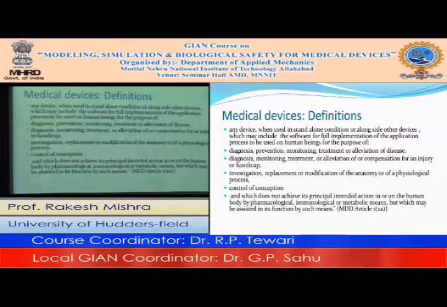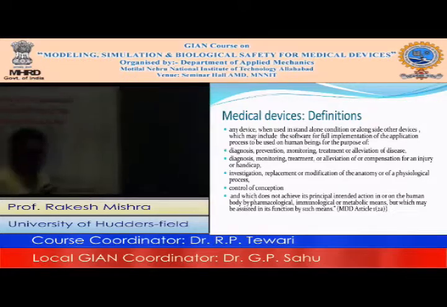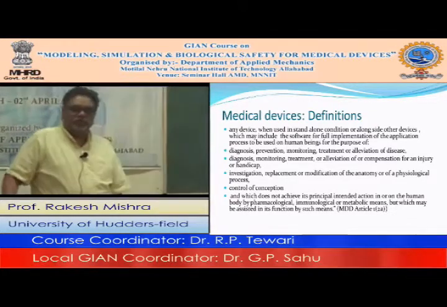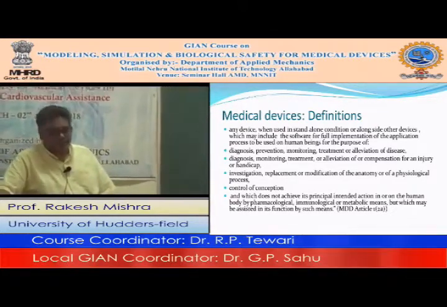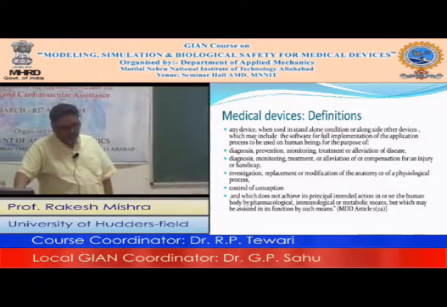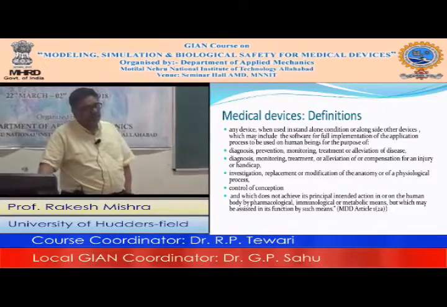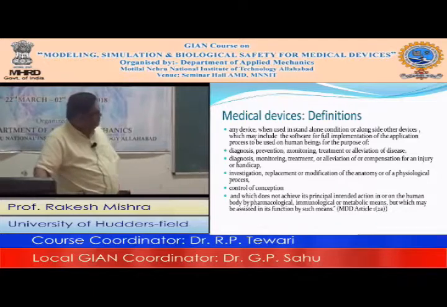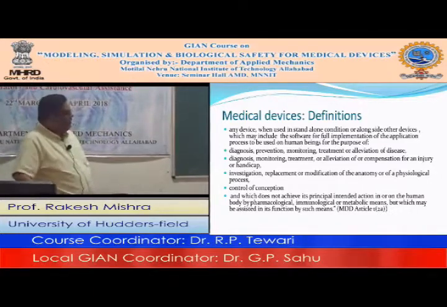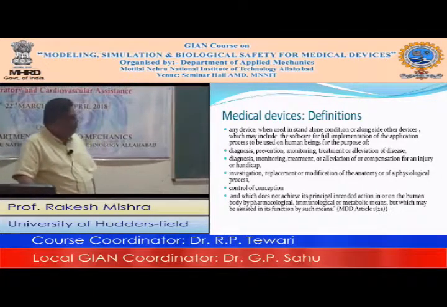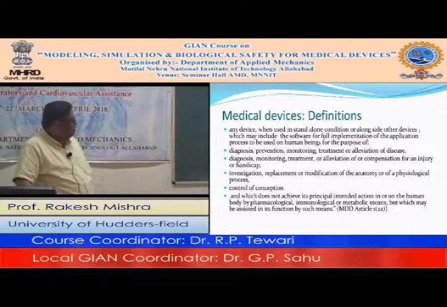So we have anatomy and how to understand the anatomical features and any issues that are developing. A device can be used for investigating anatomy, or to replace a particular part of anatomy, modify the anatomy or a physiological process, and the control of conception.